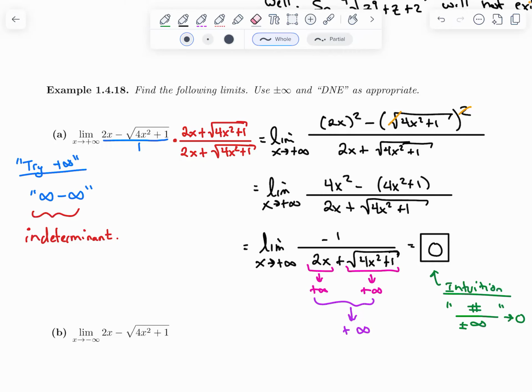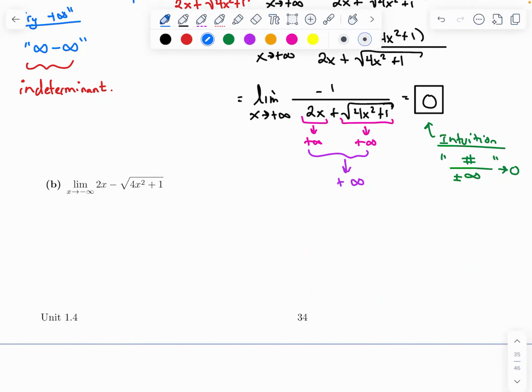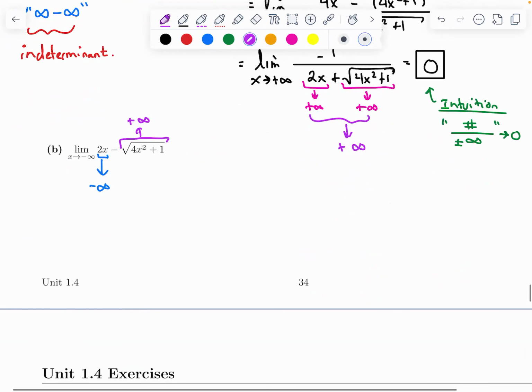And part B is slightly different. This one we don't need to do any work, really, because what's going to happen as x approaches negative infinity? Well, the first piece, 2x, will also approach negative infinity. And the square root of 4x squared, without the minus sign, will approach positive infinity. So we have negative infinity minus infinity, which gives us our final answer.